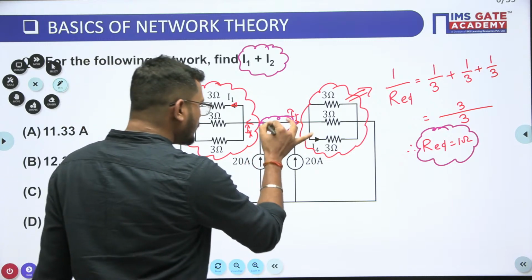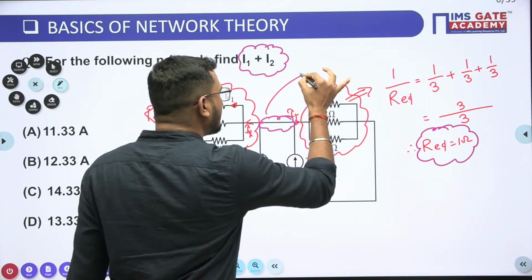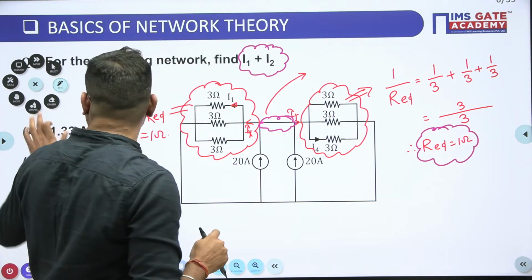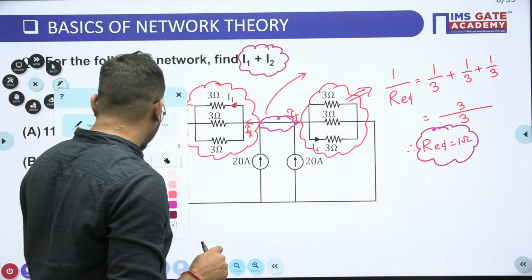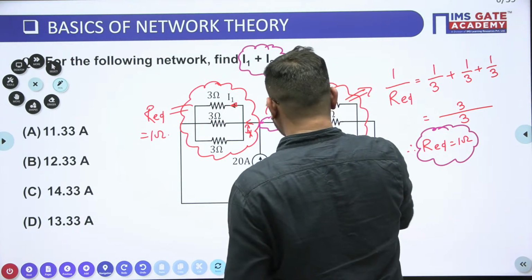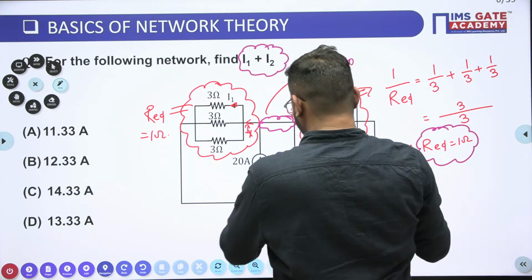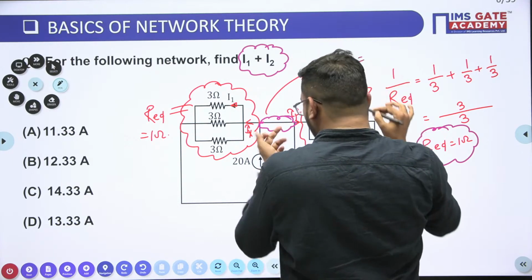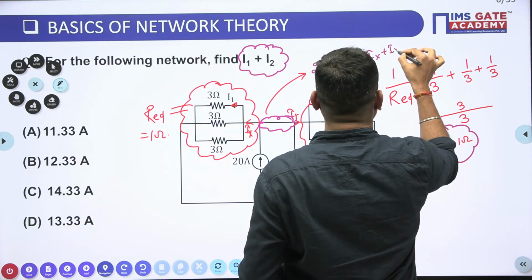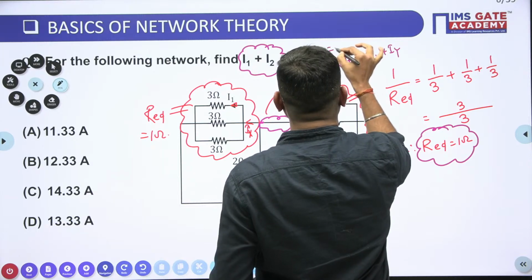As I want to know the current at this point, can we apply KCL here? So here I am writing, suppose this current is 20 ampere, this is the incoming current, which is again 20 ampere, and this is equal to the outgoing current which is Ix plus Iy.